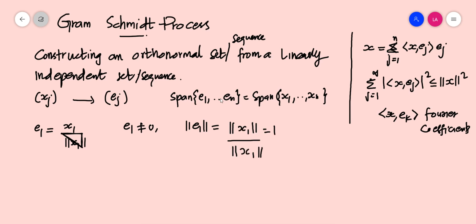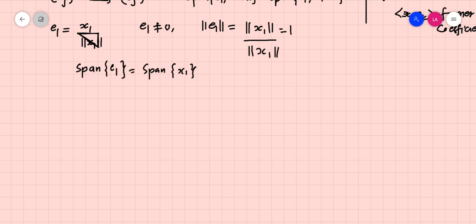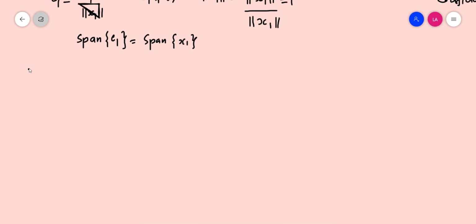So norm e1 equals 1, and also e1 is a multiple of x1, so clearly span e1 is equal to span x1. Now using this we construct e2. So e1 satisfies our condition; that is step 2.